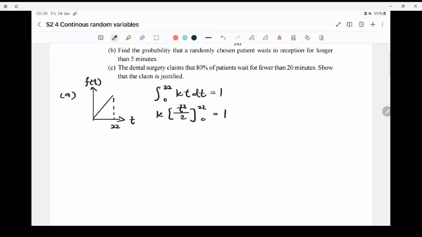So 22 squared divided by 2 will be 242. The 0 basically is 0. So therefore k equals 1 over 242. So you show this.